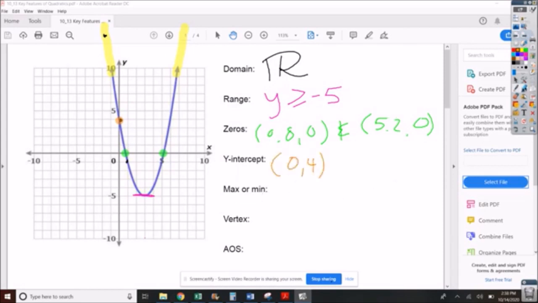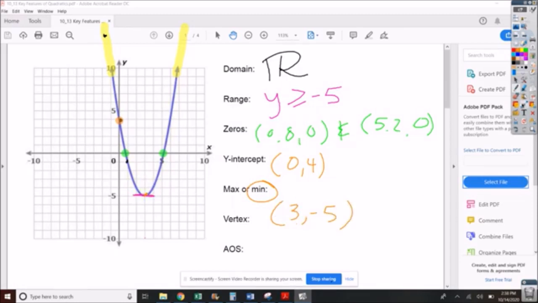Okay, that point we were talking about with the range, that the lowest that we go is -5, that's because we have a minimum value. The minimum is at that vertex. So the point where I have that minimum value is (3, -5).